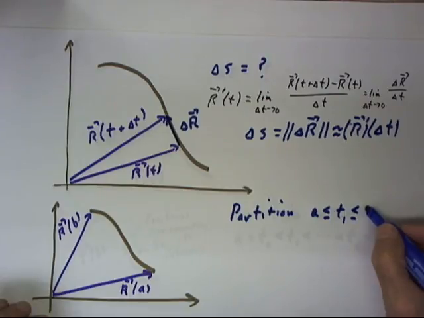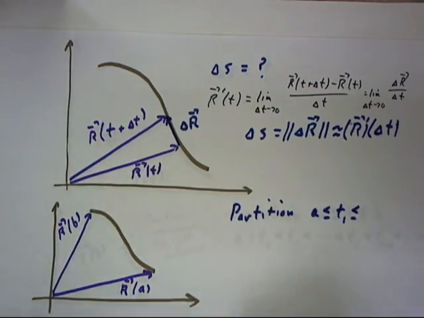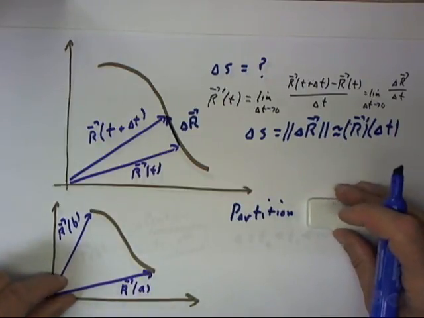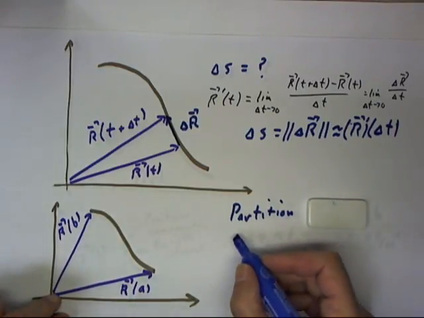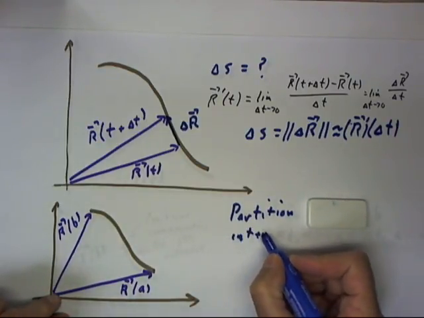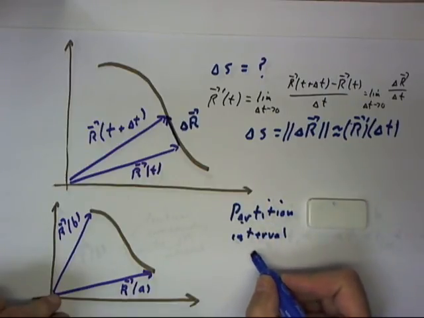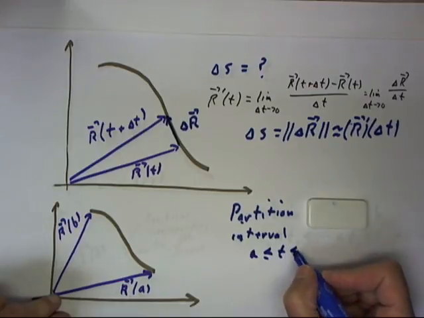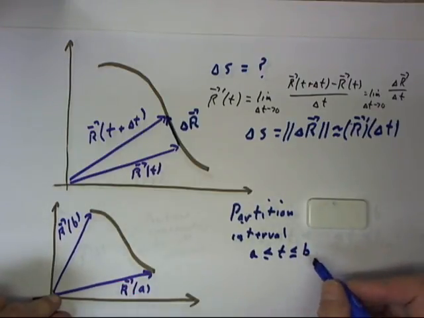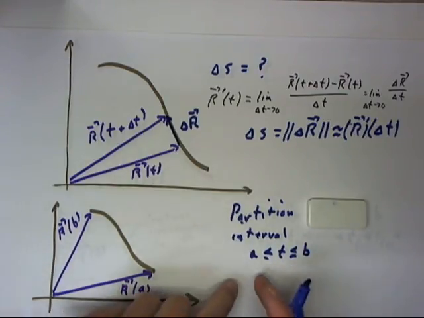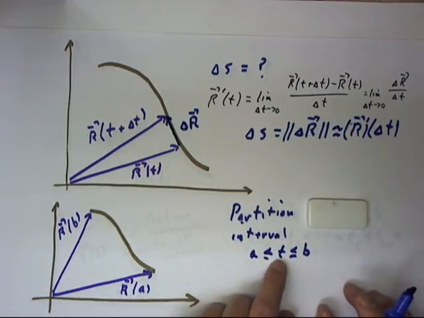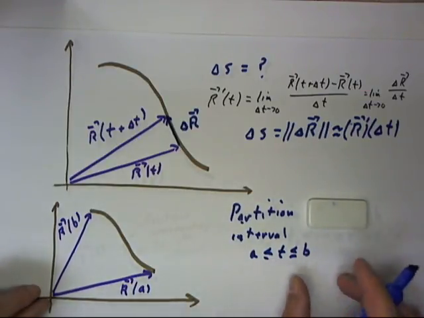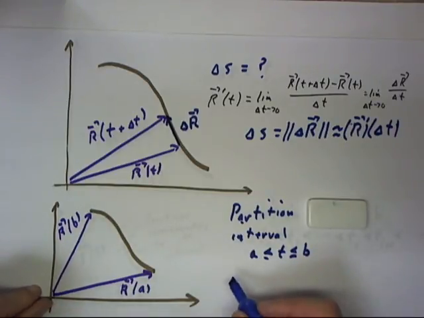We want to partition the interval A less than or equal to T less than or equal to B. And that partition will consist of a set of T values that run from A to B by what we were going to consider small increments.